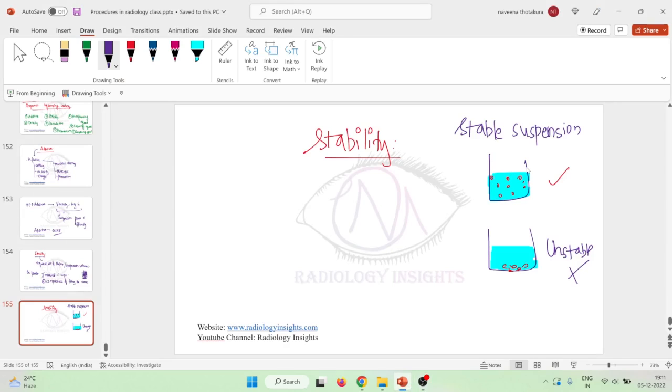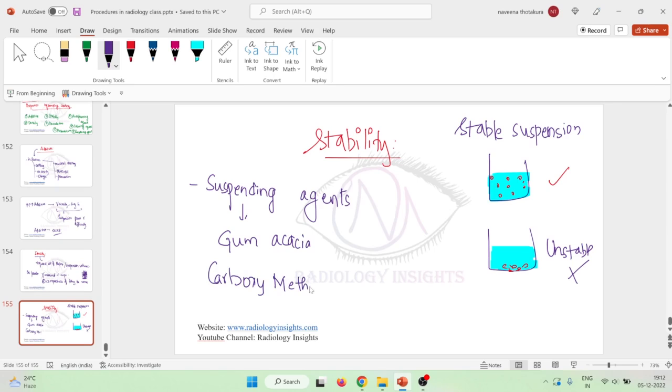For stability, the barium particles should be evenly distributed in the suspension. To make sure of this, we have certain agents called suspending agents, such as gum acacia or carboxymethyl cellulose. Carboxymethyl cellulose is added to water, and that mixture is added to barium to make a paste.